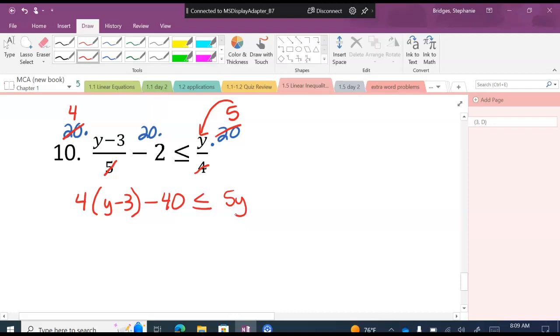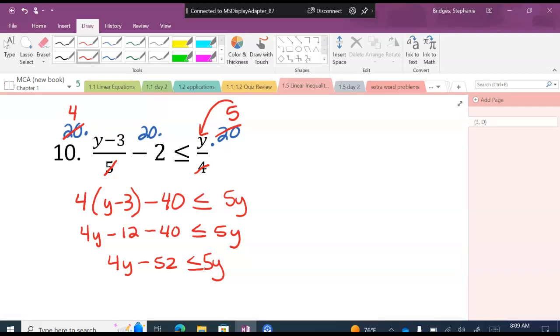Oh, and this one's going to be harder to bring everything to the left, too. Let's go ahead and distribute our 4 if you haven't already. I'm going to combine my like terms. Okay, so I guess this one is not as easy to move everything to the left.